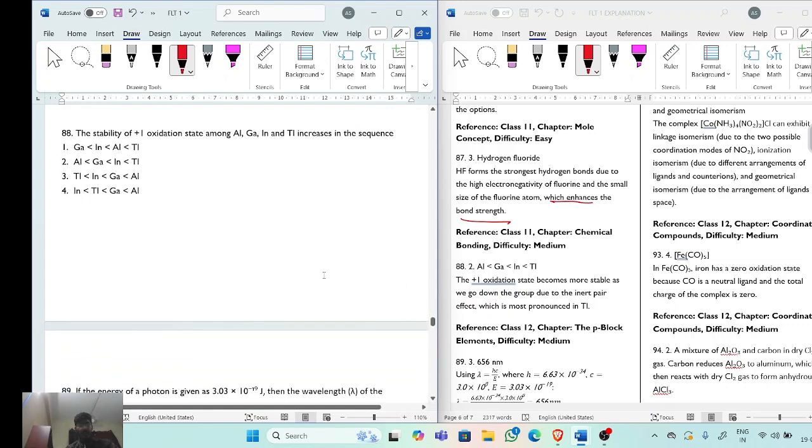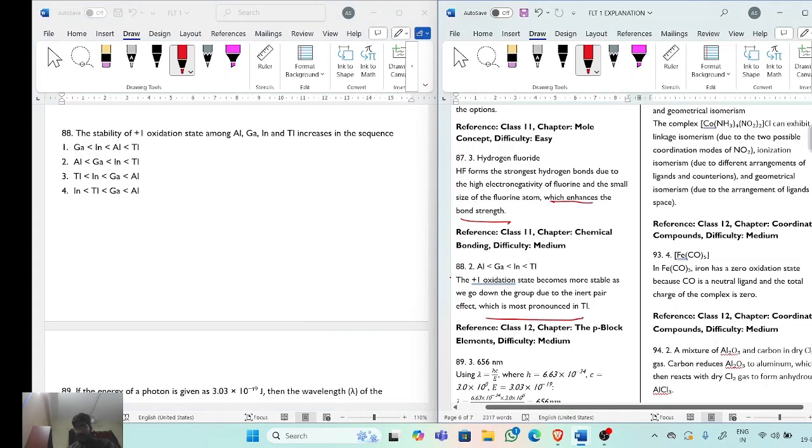Question number 88. The stability of the plus one oxidation state among aluminium, gallium, indium and thallium increases in the sequence. We know the plus one oxidation state becomes more stable as we go down the group due to the inert pair effect, which is most pronounced in thallium.